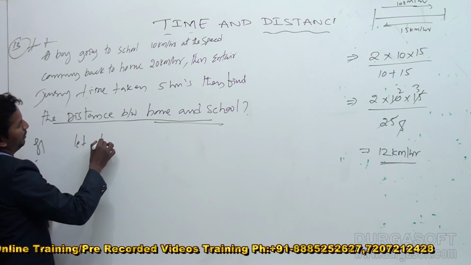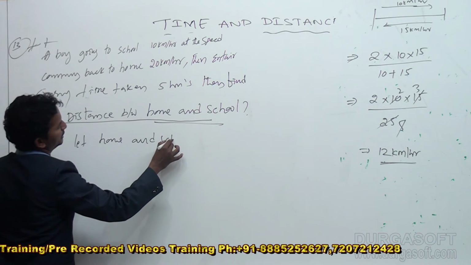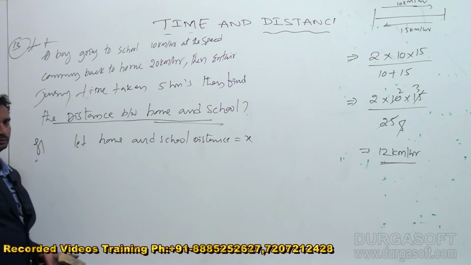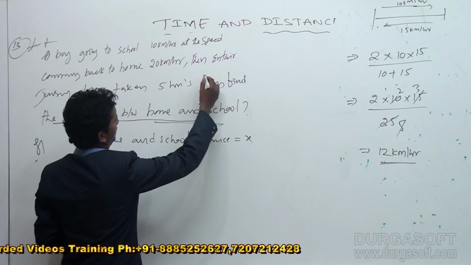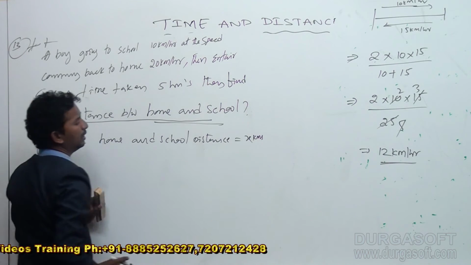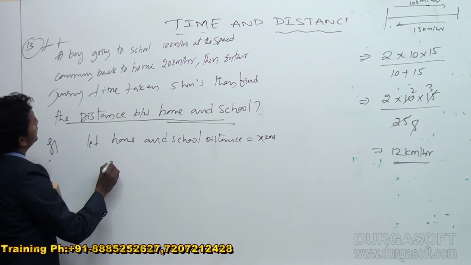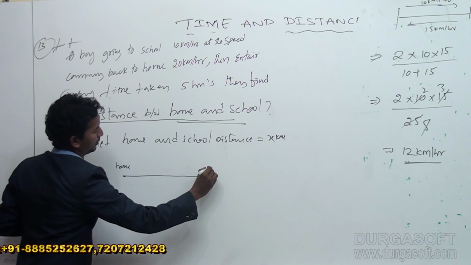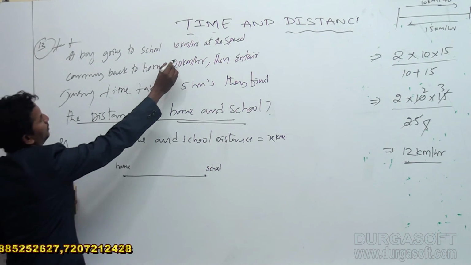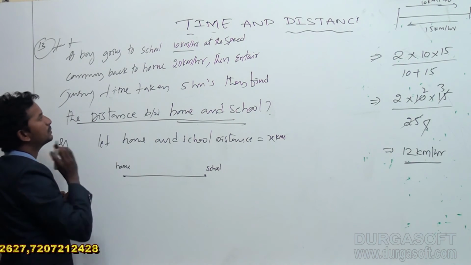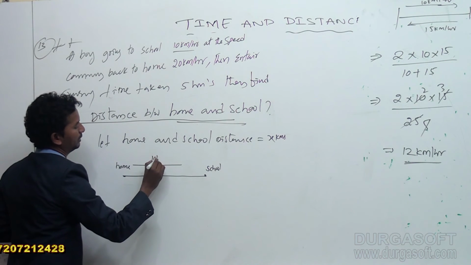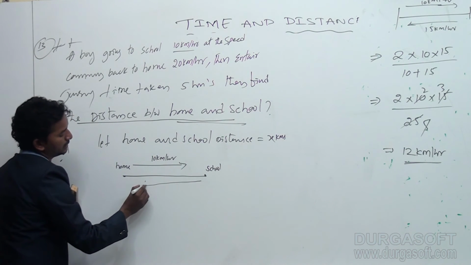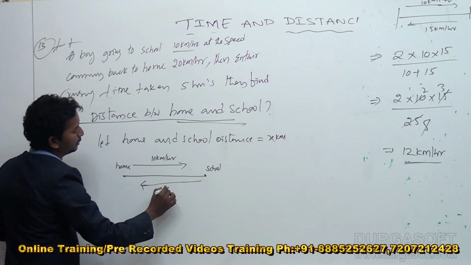Let us assume the distance between home and school is x kilometers. The first journey, from home to school, is at a speed of 10 kilometers per hour, and again from school to home at 20 kilometers per hour.